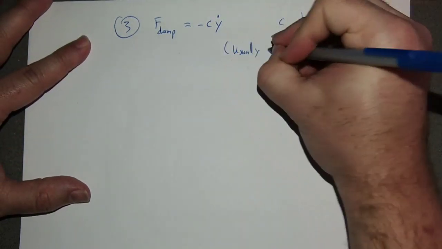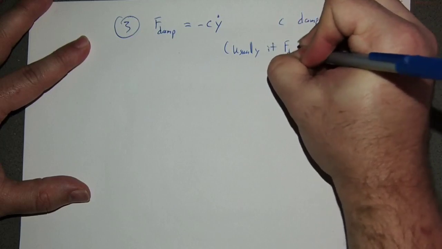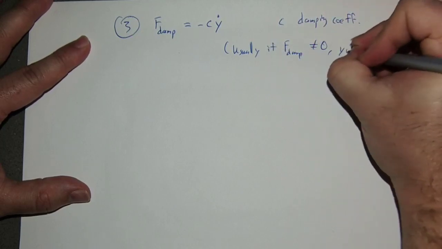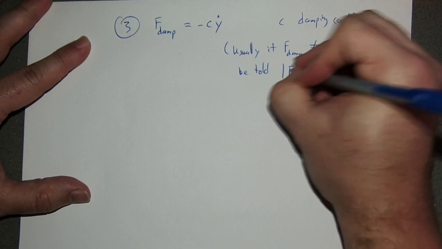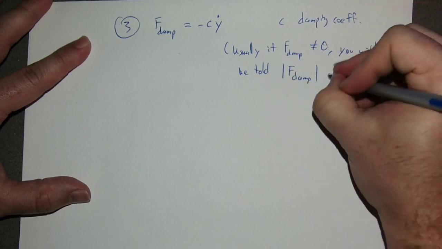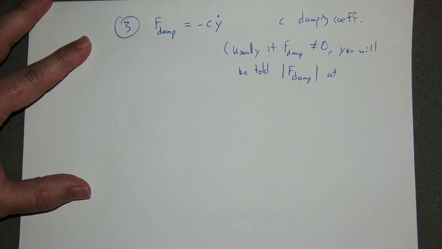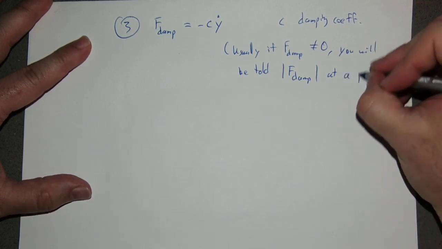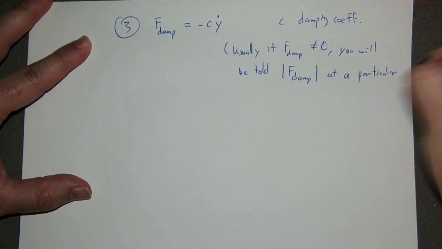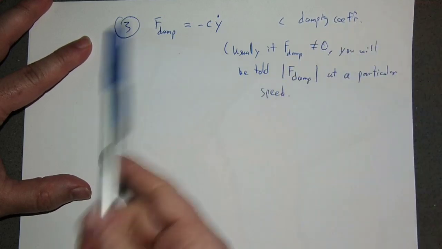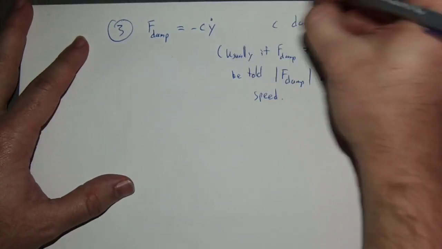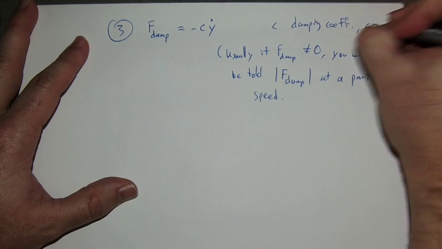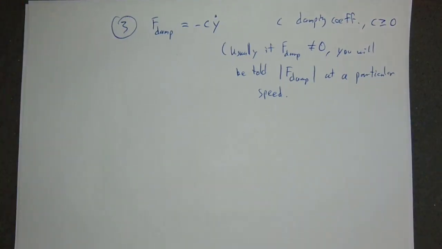Usually, if the damping force is not 0, you will be told the absolute value of the damping force at, say, the initial time, at a particular speed, which would allow you to figure out what this is. Okay, so the damping coefficient is always taken to be non-negative. So that's how you can determine what C is.